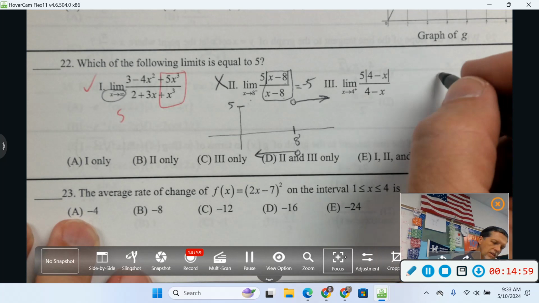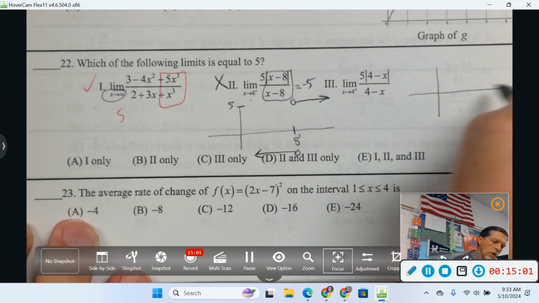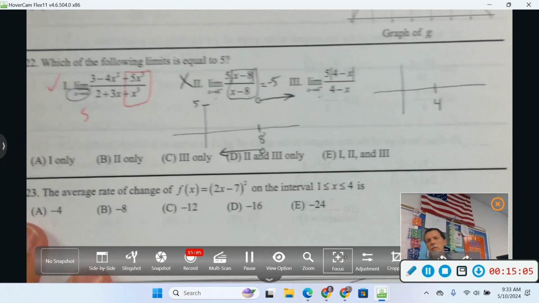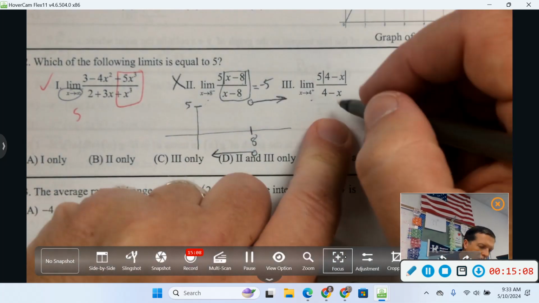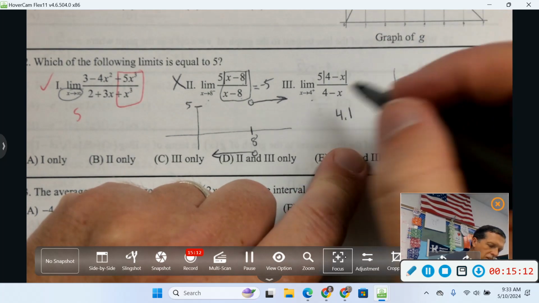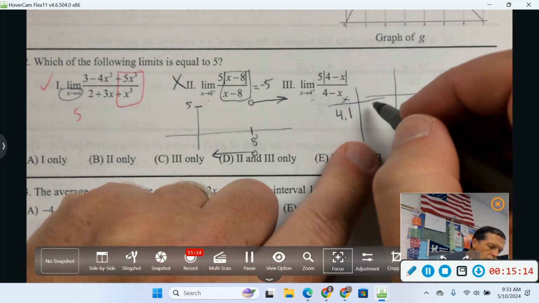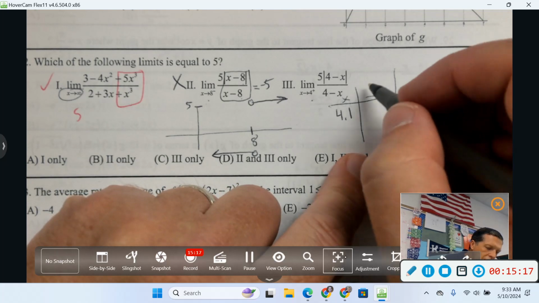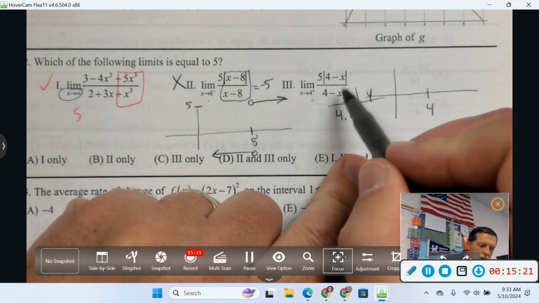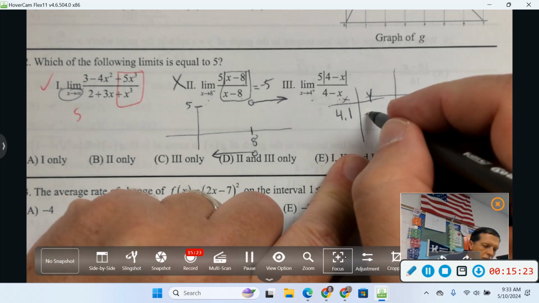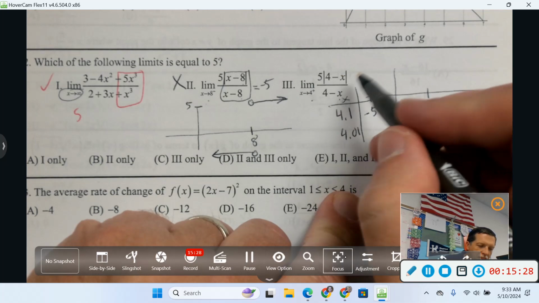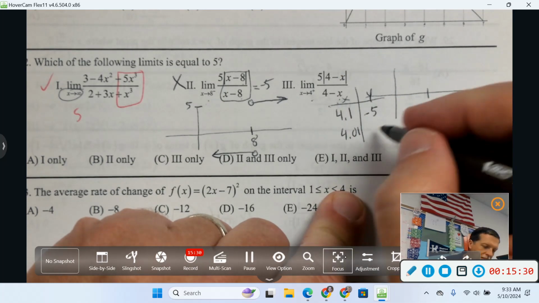Number 3, as x approaches 4 from the right, you know what, maybe we can do it without even looking at the graph. Let's just plug in 4.1 and then 4.01 and see what happens. If I plug in 4.1, I get a positive number in the top, a negative number in the bottom, so that becomes negative 5. 4.01 would be the same thing, like 1 is positive, 1 is negative, so negative 5.